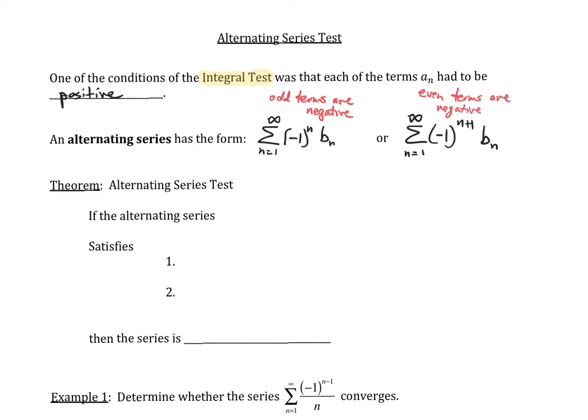Okay, and the signs of each of these are going to continue to alternate. So it'll be like plus, minus, plus, minus, plus, minus, or it starts off with negative, plus, negative, positive, like that. So it really depends on which of these two situations you're in.